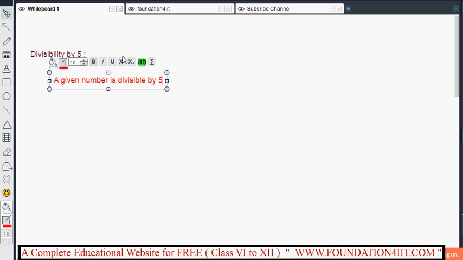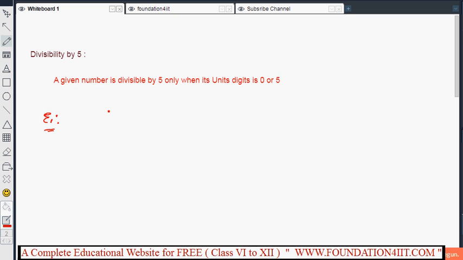If any one of them is in the units place, that number is divisible by 5.